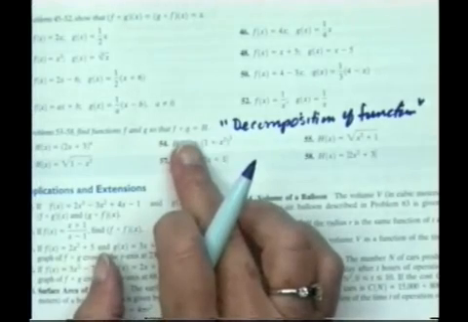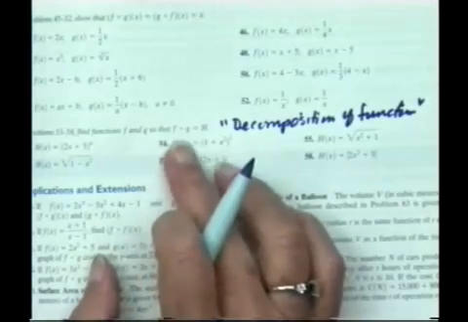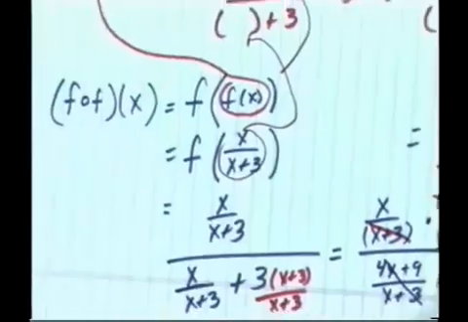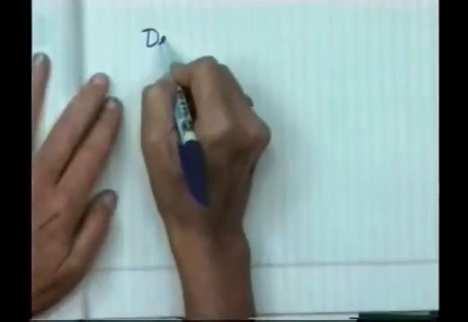And this is going to come into play when you're working with the chain rule for derivatives in calculus. All right? Now I'm going to tell you the easy way to do this, and then you never miss it. That'd be nice, won't it? All right. So here's the way you do it. All right, decomposition.